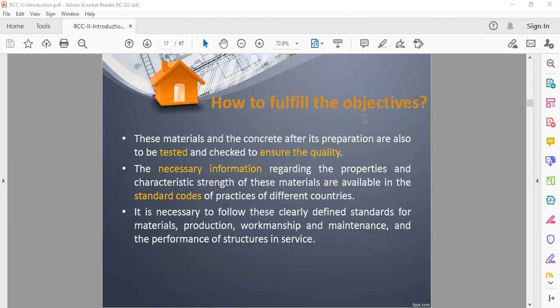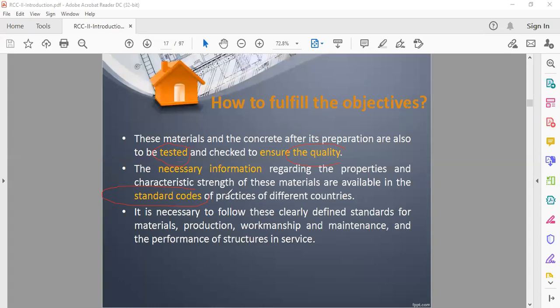So when we go for this material, you have to test for the quality, ensure the quality. The necessary information regarding the properties and characteristic strength of this material should follow the standard code.